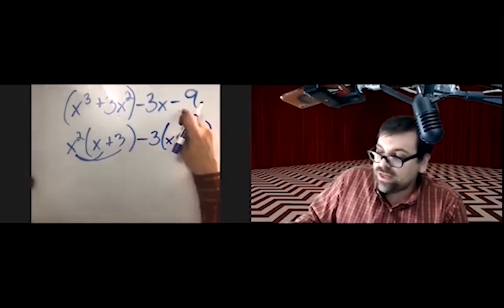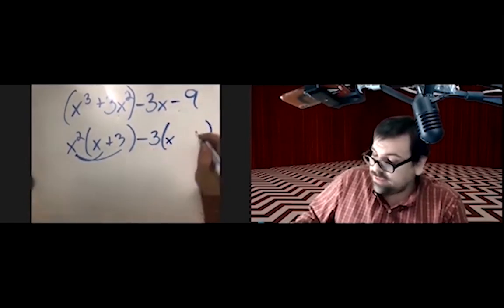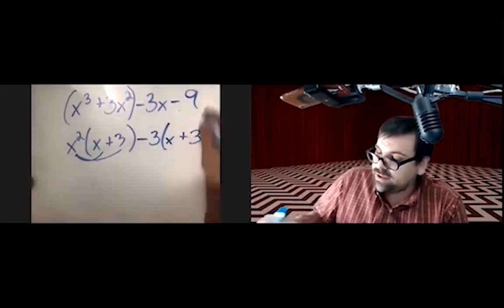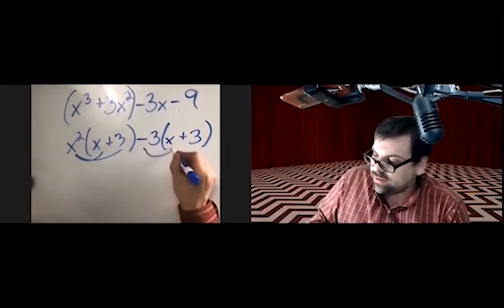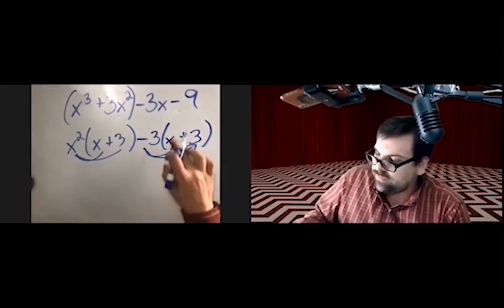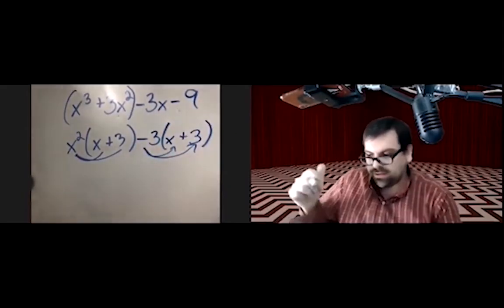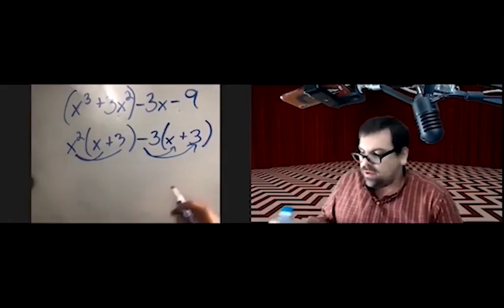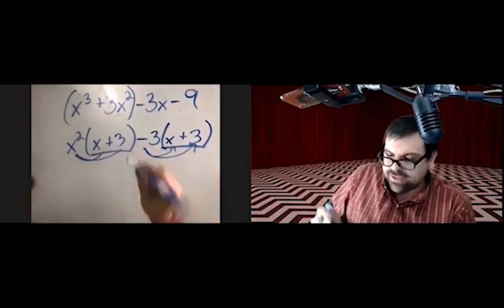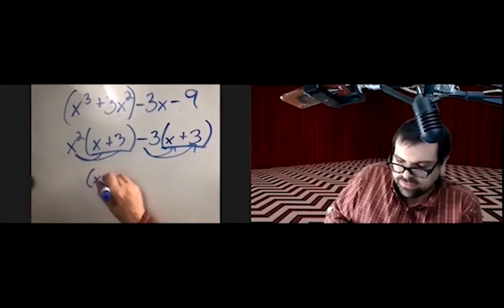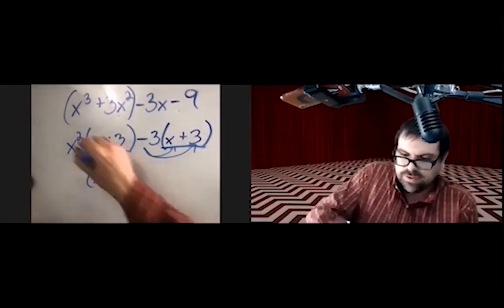Negative 3 times what is negative 9? Negative 3 times positive 3 is negative 9. Negative 3x minus 9. Good. And leftover piece is exactly the same as we wanted. Factor it out.